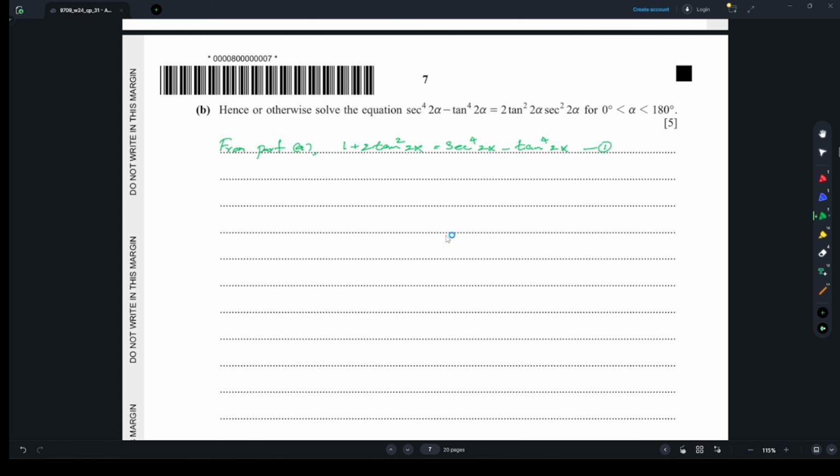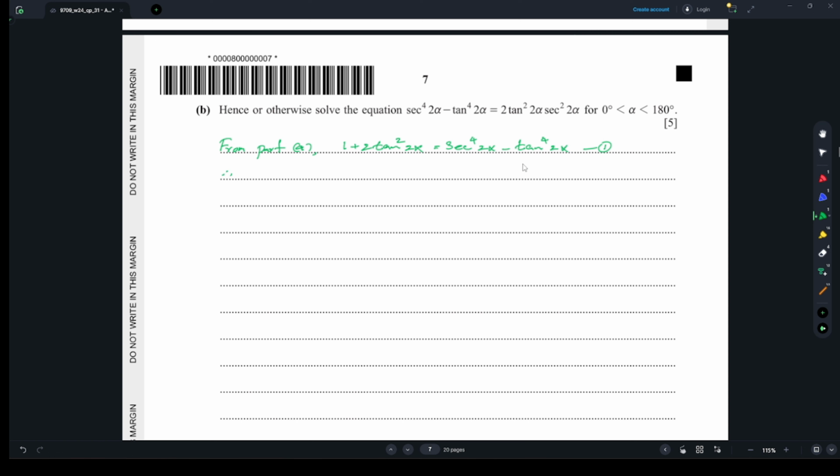And then what we can do. We have this equation, where we have sec 4 2 alpha minus tan 4 2 alpha. So instead of that, we can substitute 1 plus 2 tan square 2 alpha.